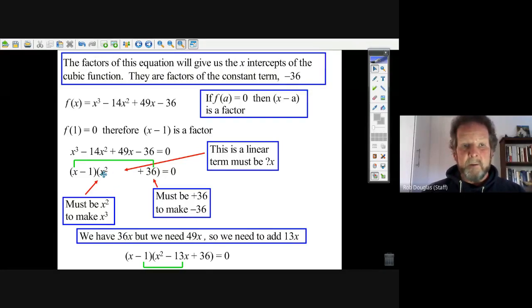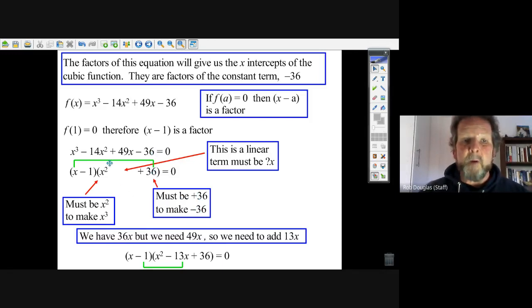You just take a look at this number and this thing in front. The only way to get x cubed is to go x times x squared. It must be x squared to make x cubed. Then you're going to go minus 1 times some number on the end here. To get minus 36, it's got to be plus 36 to make minus 36.